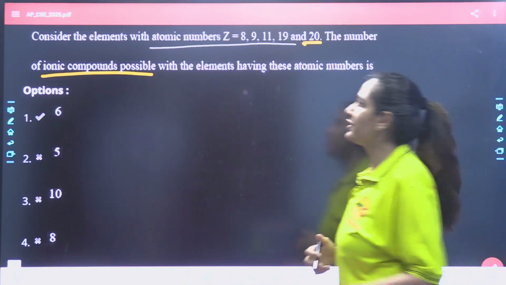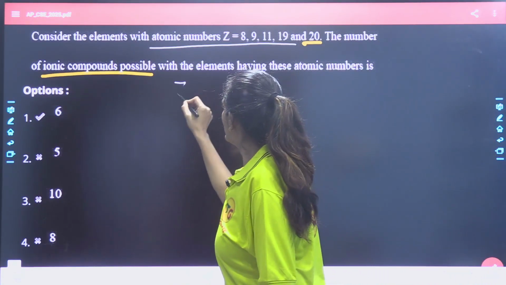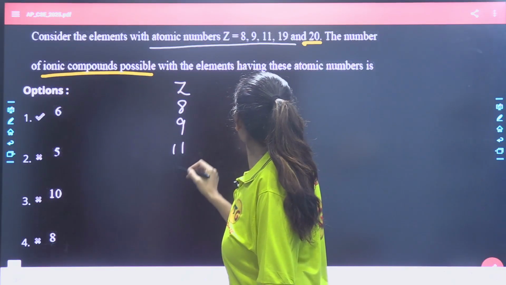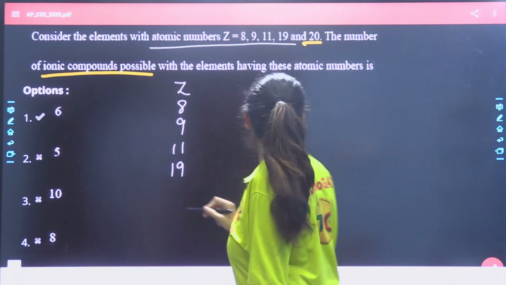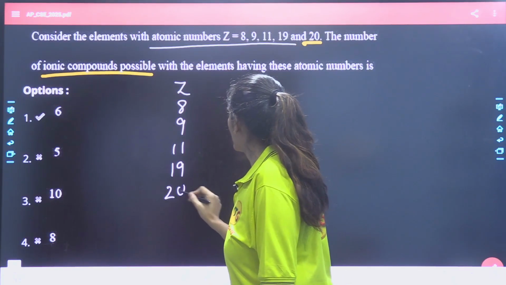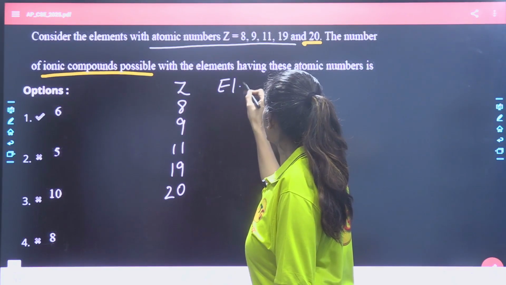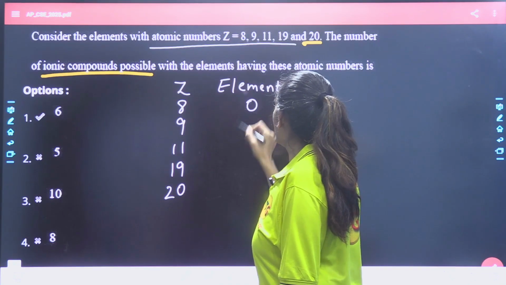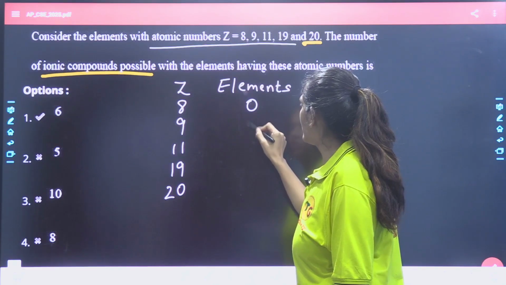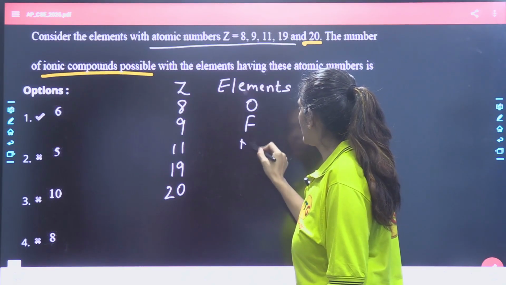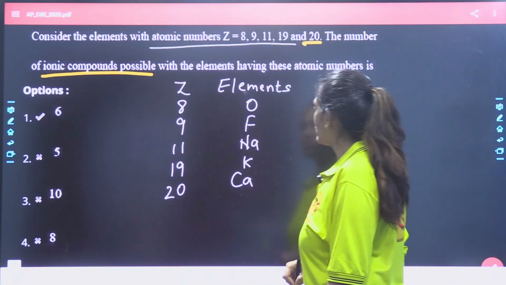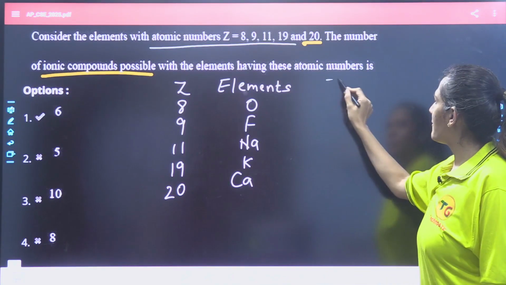First of all, let's write what these elements are. Atomic number 8 is oxygen, 9 is fluorine, 11 is sodium, 19 is potassium, 20 is calcium. Now how many ionic compounds?